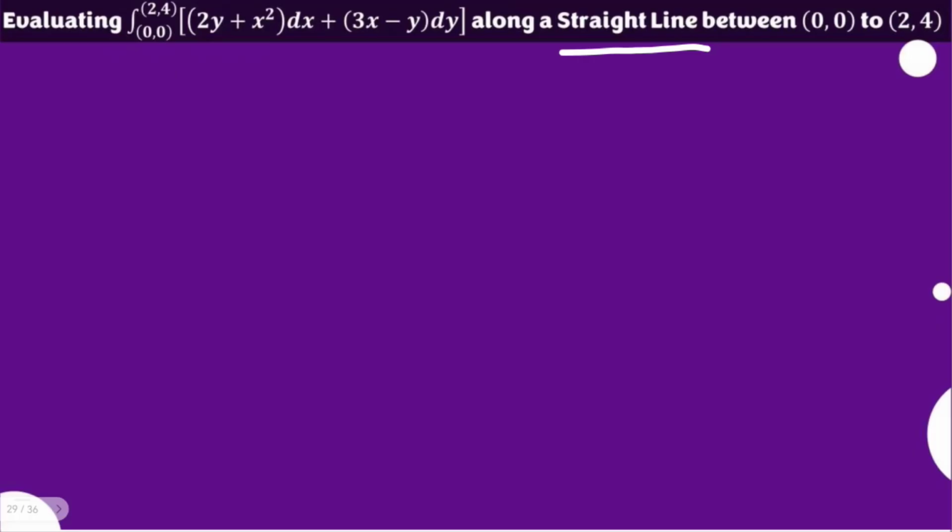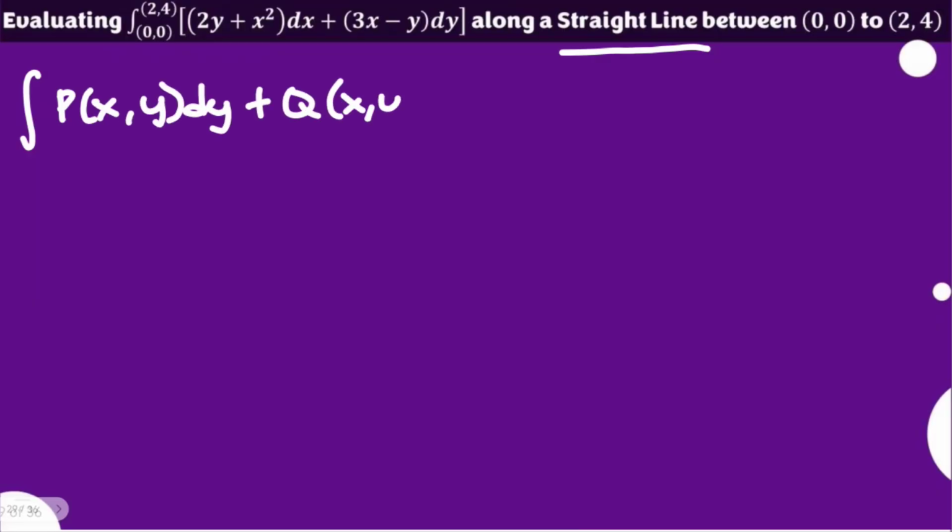Let's not forget that our real line integral, expressed as the integral of P(x,y) dx plus Q(x,y) dy along your path C, is equal to this expression here.